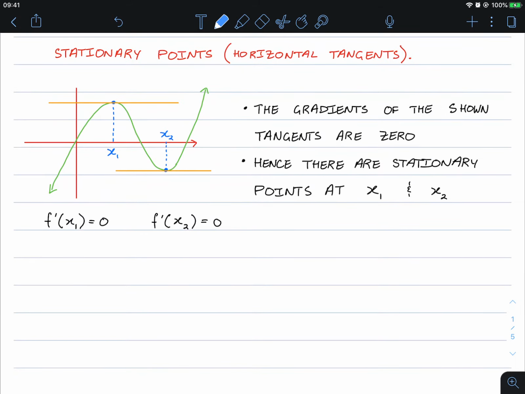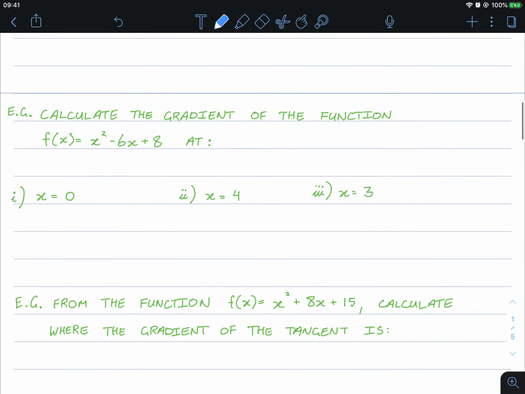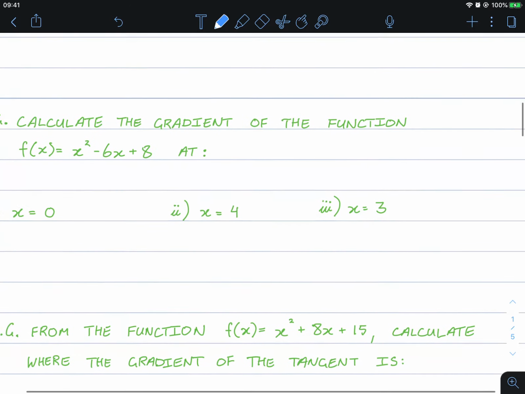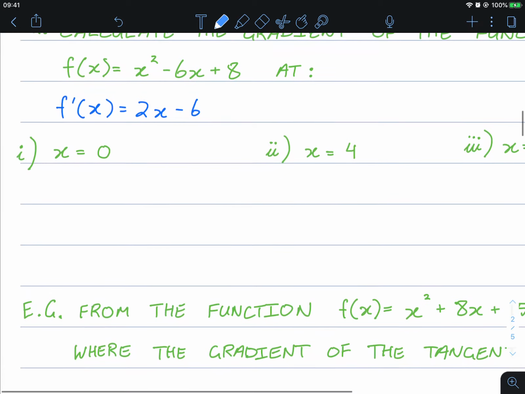So let's do a few examples demonstrating this. Let's calculate the gradient of this function at these different points. To find the gradients of this function, we need the derivative, f prime x equals 2x minus 6.